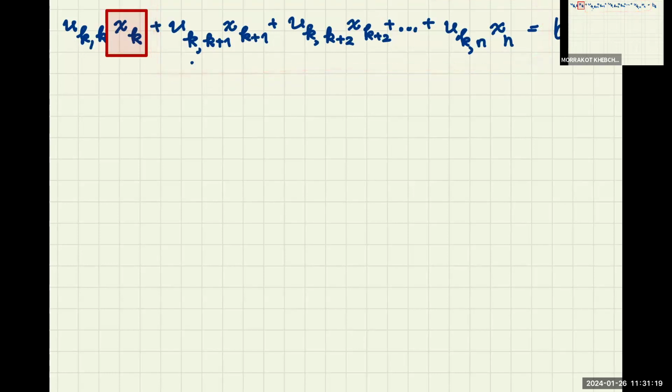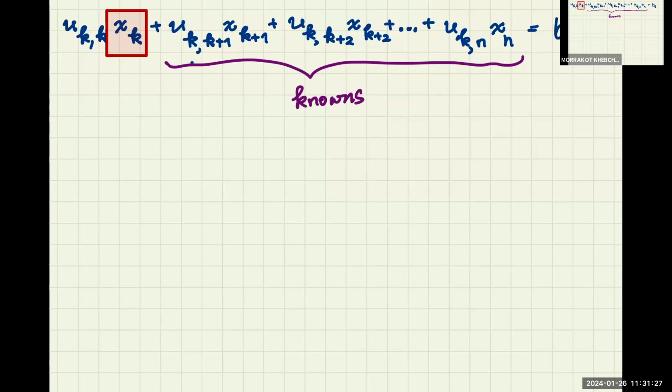So let me write down. Instead of writing down so many terms, let's just write in terms of the index.